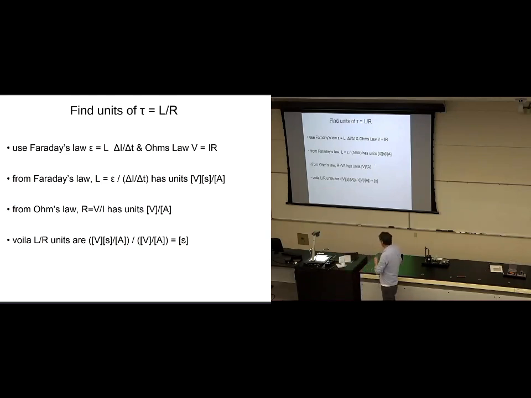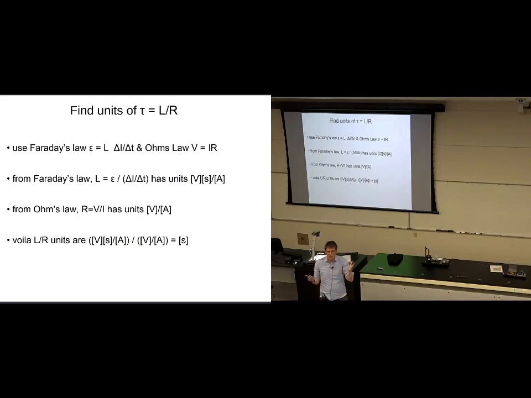This was just a sort of appendix I put in there, because you might wonder, and it's a reasonable question, why on earth could the inductance of an inductor divided by the resistance of a resistor have units of time, give you a time constant?